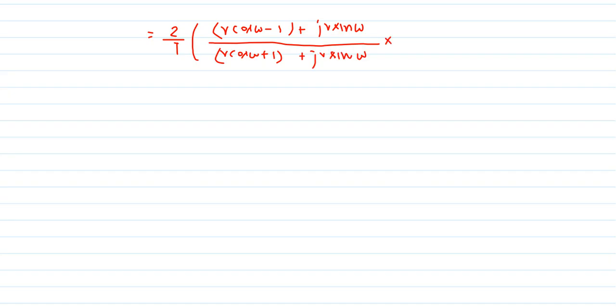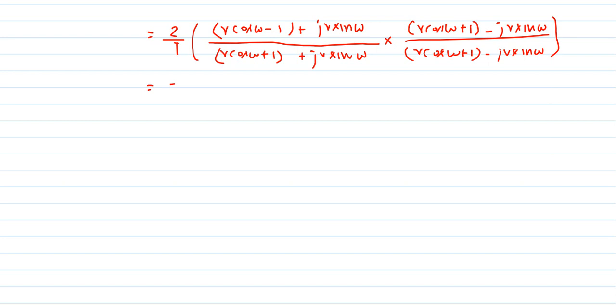So we're multiplying this with the conjugate of this one, which is (r cos ω + 1 − j r sin ω) divided by (r cos ω + 1 − j r sin ω). Got it?